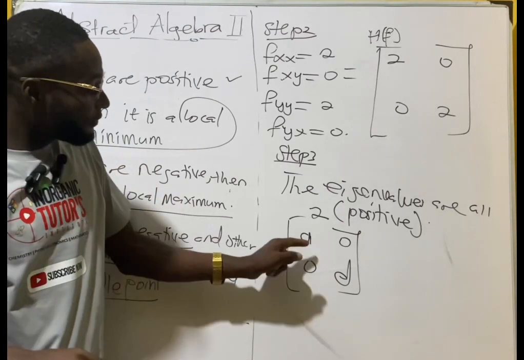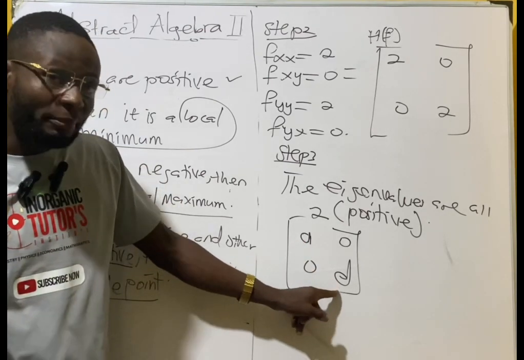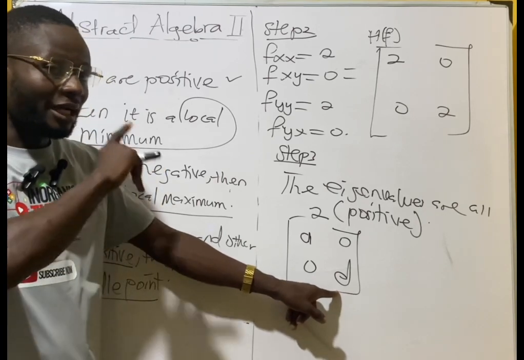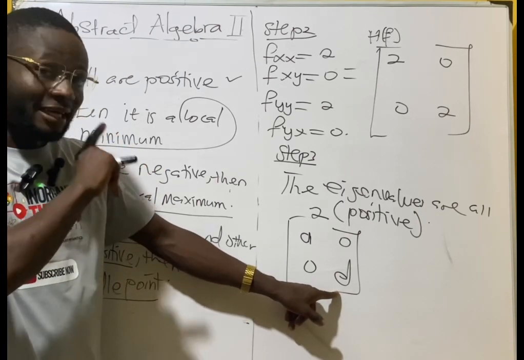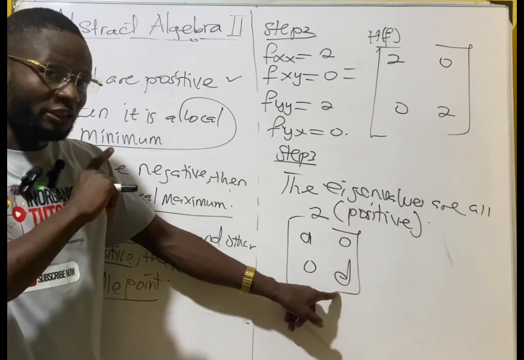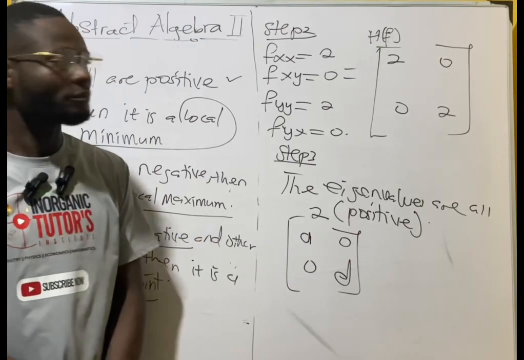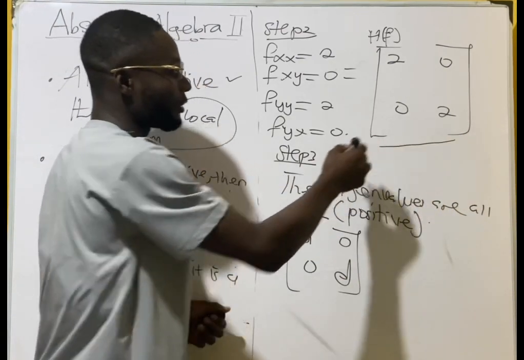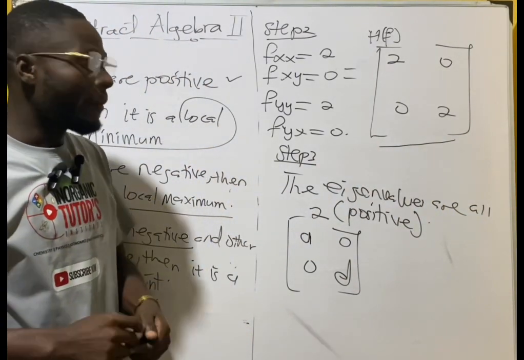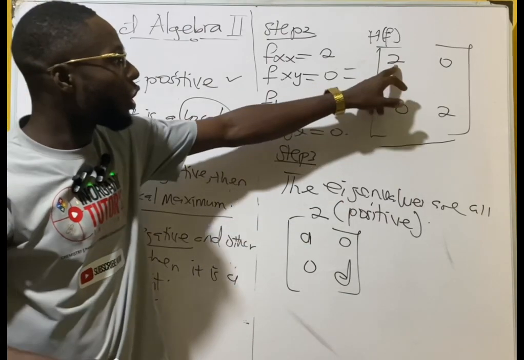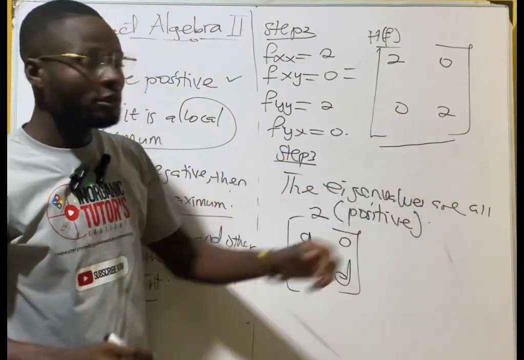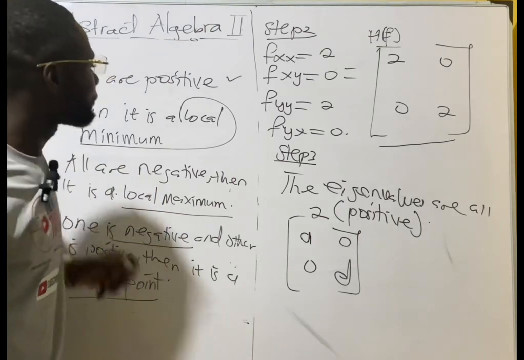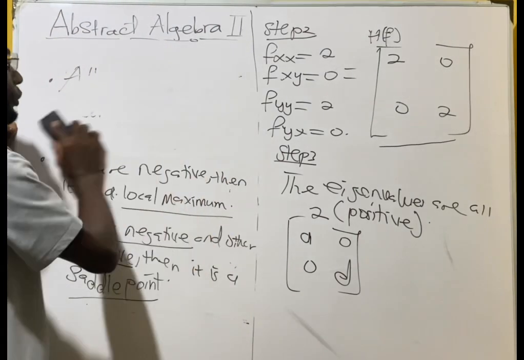Okay. What if all are 0? Then it means that you have to also do further tests by looking at the signs of the second partial derivative. Okay. So we can see clearly from here that this is a what? A local minimum, because all the eigenvalues are what? Positive. Okay. So we note this.